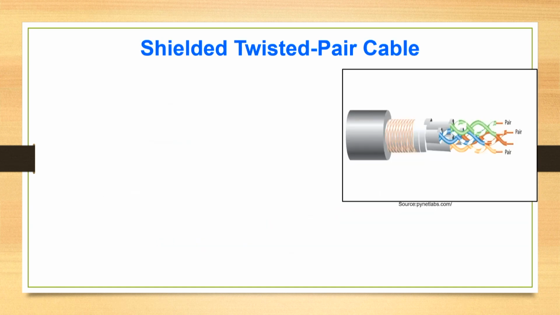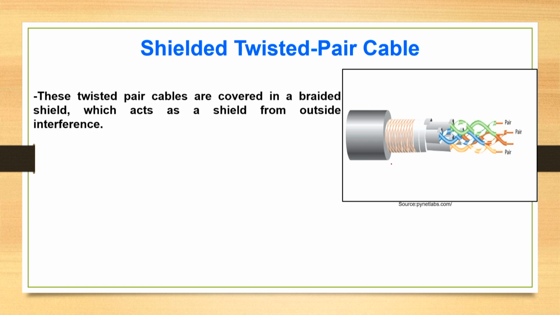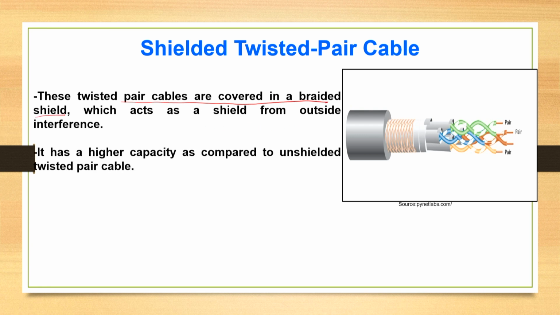So, let us talk about the shielded twisted pair. Here shielded means what? It is protected. These are the pair of wires that are protected by the shield. So, it means these twisted pairs are covered in a braided shield, which acts as a shield from outside interference.